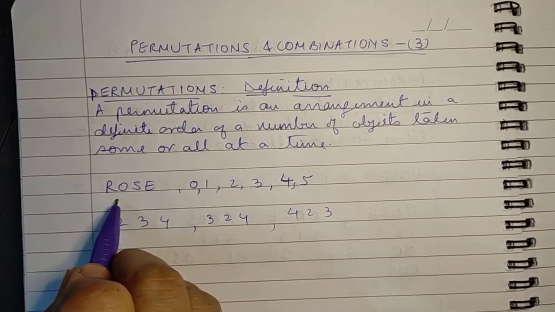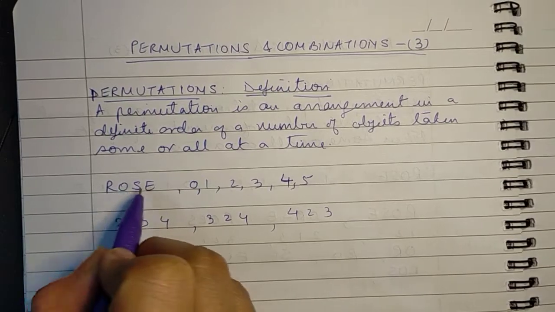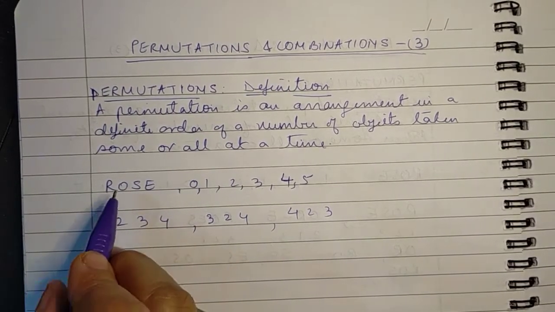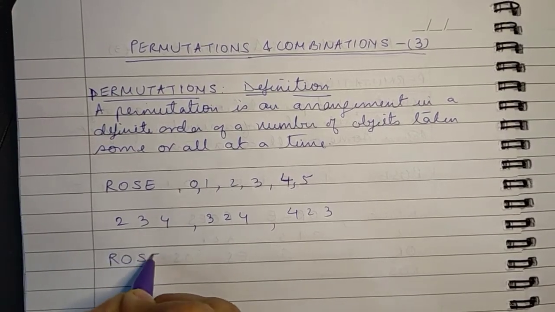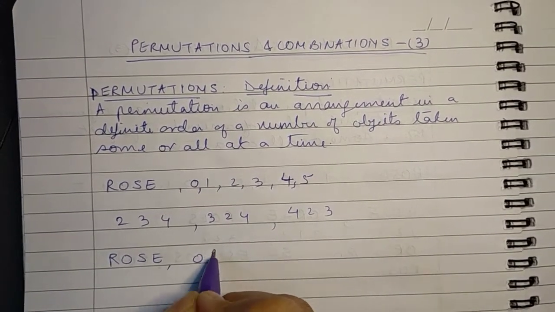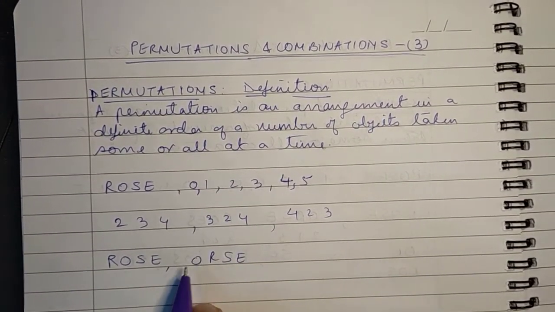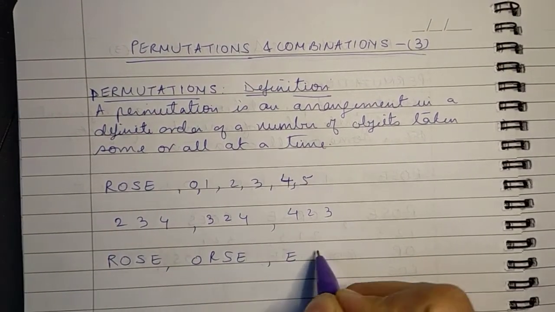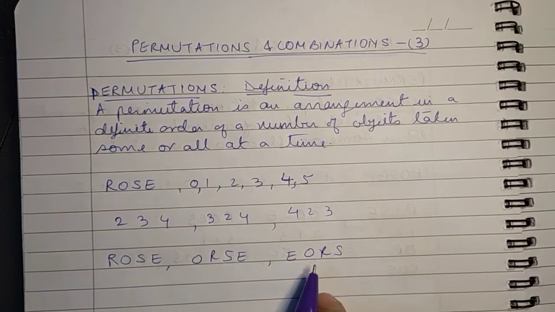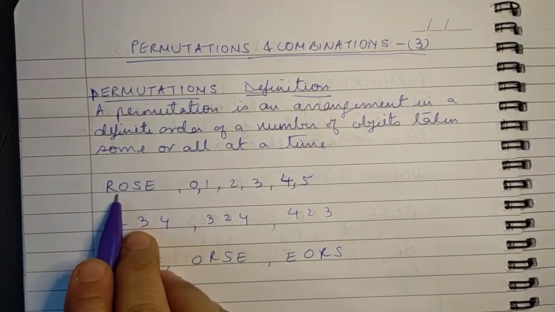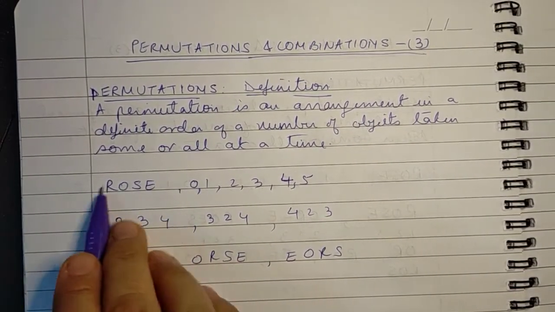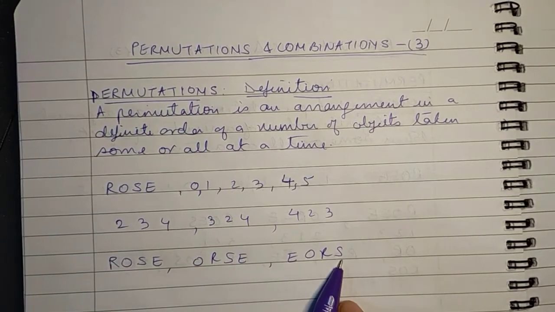Same way, if we have the letters of the word rose, we could make four-letter words. Like if I write R-O-S-E, this is one word. O-R-S-E, this is yet another word. Then we further change the arrangement, E-O-R-S, this is yet another word. So we can make different words by arranging all the letters in a different manner.